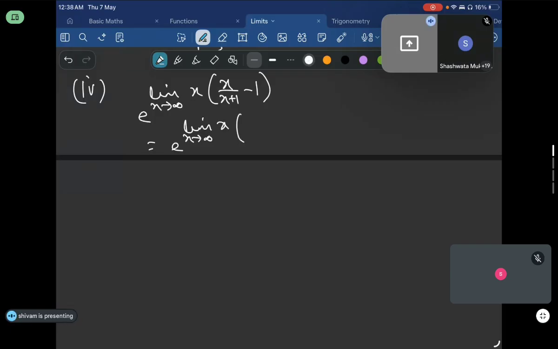Okay, x into x plus 1 as LCM. Numerator would be x minus of x minus 1. So x gets cancelled. You'll get e to the power limit x tends to infinity minus x upon x plus 1. This limit will tend to minus 1. This will be e to the power minus 1, which is 1 by e.